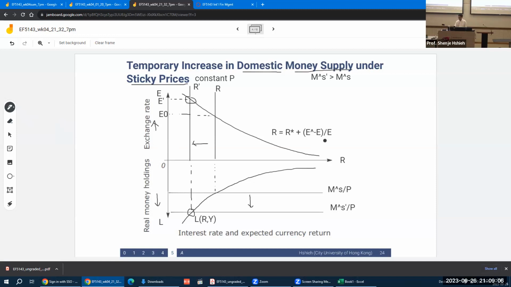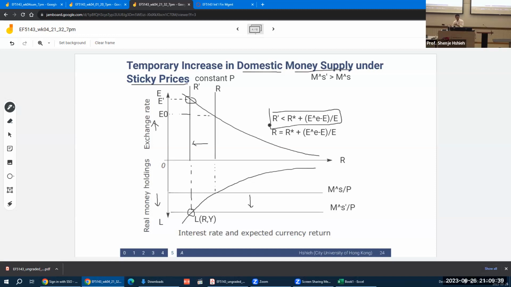And there's going to be a distortion in the UIP equation. When interest rates go down, UIP is going to be broken unless carry traders come in and do something about it. Concur? So if interest rates go down, UIP will be violated in such a direction. It should be immediately obvious what you should do.